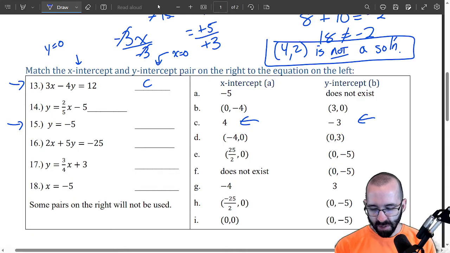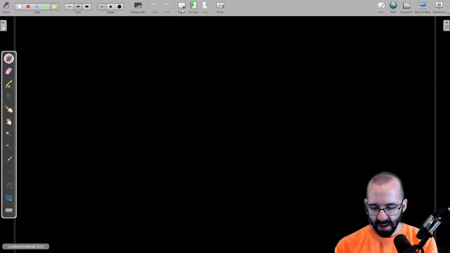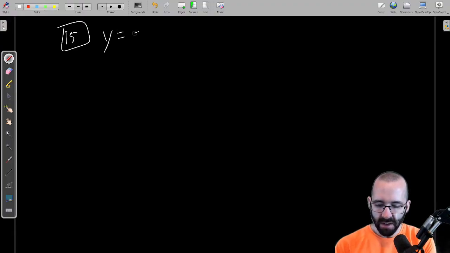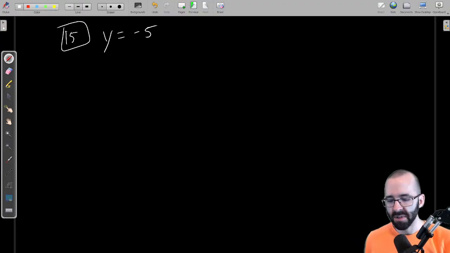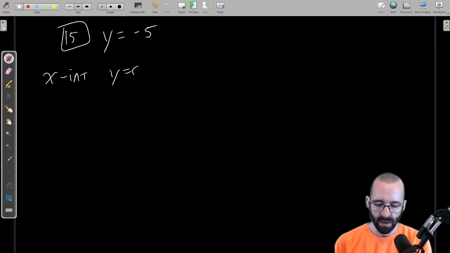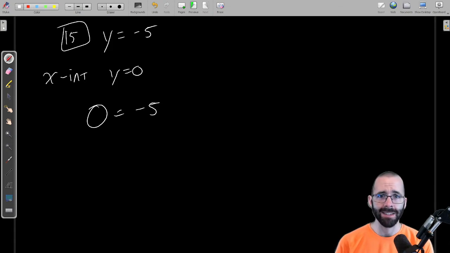Okay, so we could do the same thing for number 15. Number 15 is the equation y equals negative 5. The x-intercept is when y equals 0. So when y equals 0, substitute that in. Solve for x. There is no x. I can't solve for x.